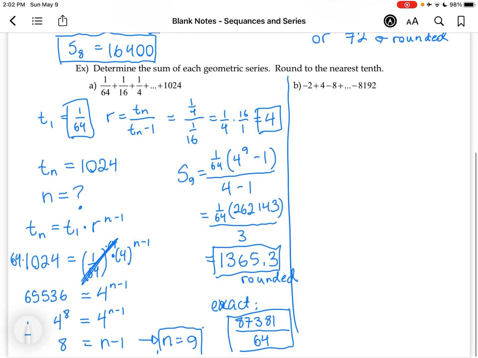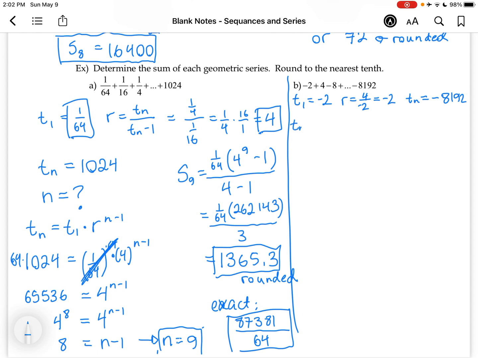All right. Okay, so for B, this is a similar type of question. Again, we know what T1 is. T1 equals -2. We can figure out what R is because R is just one term divided by the term that comes before it. So let's say we go 4 divided by -2, that's -2. And we know that Tn equals -8,192. Okay, so I can now figure out n, right?